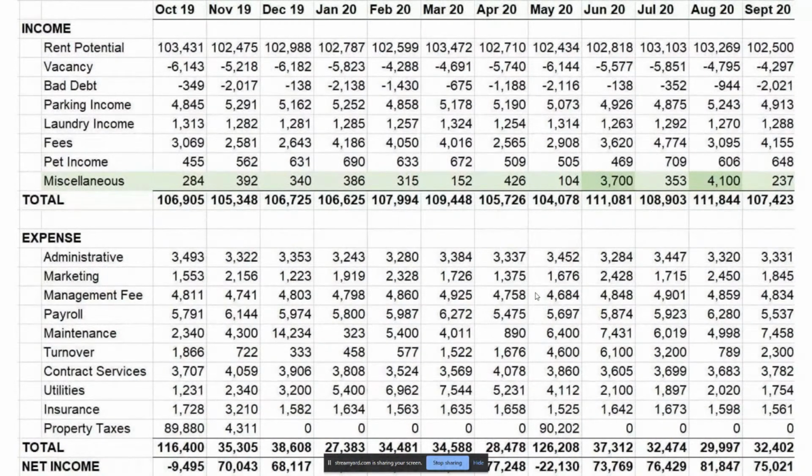Now, miscellaneous might be something like, if you have a mobile home park and you sell a home rent to own to one of the tenants and they put down a big down payment. That could make sense. But if you have an apartment complex, you're not really doing that. Why do you have that, right? Where's that income coming from? A lot of these low income places will pay their entire rent up front potentially, or this could be from tenant move out.